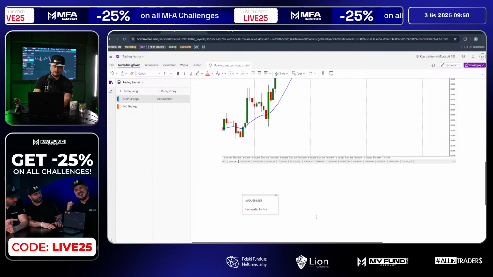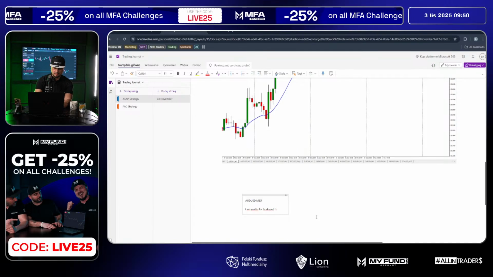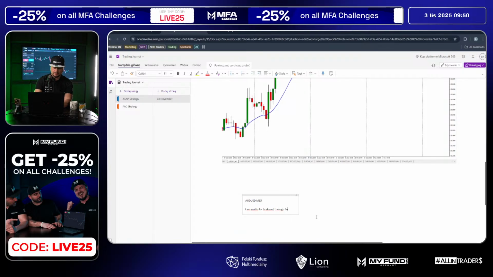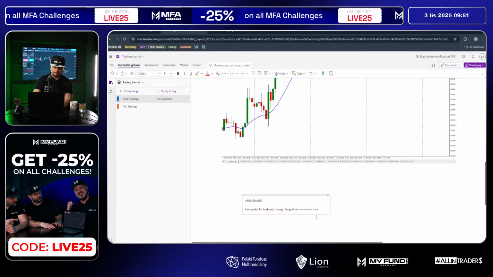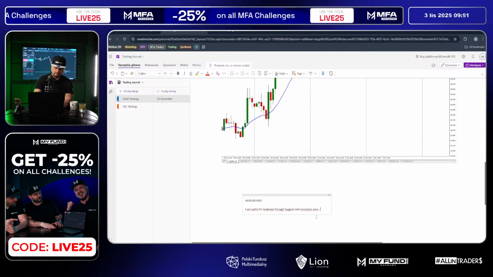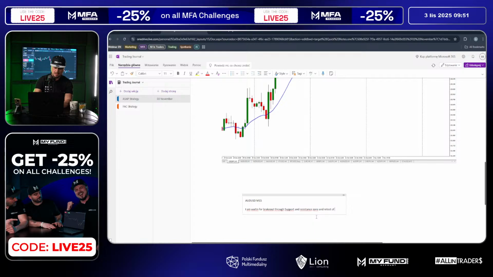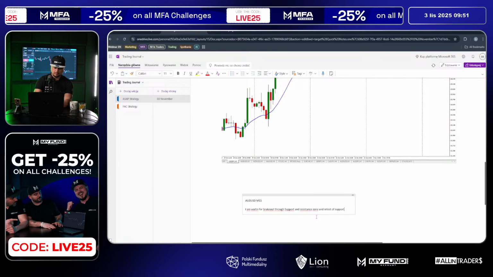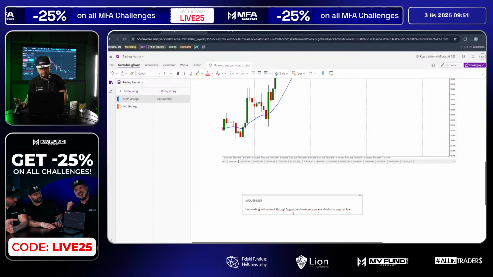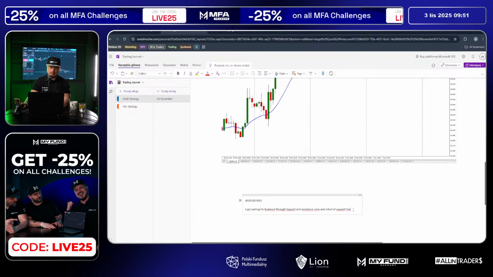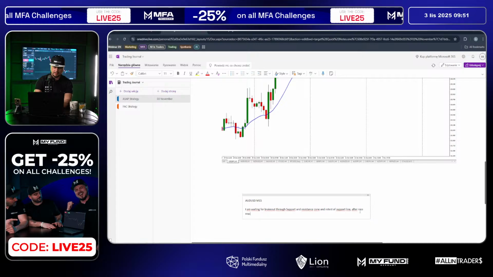I'm waiting for breakouts through the support and resistance zone, and retest of the support line after a nice reaction.